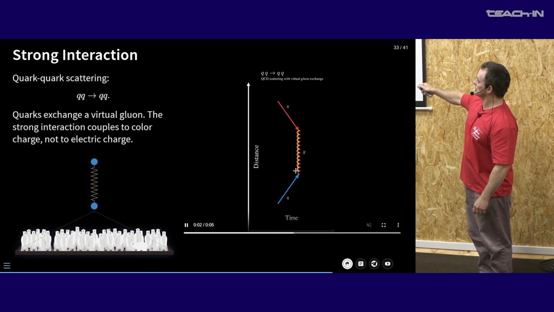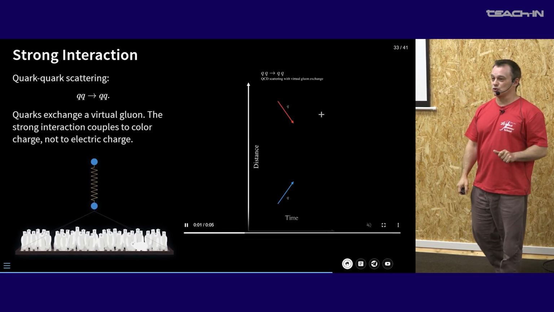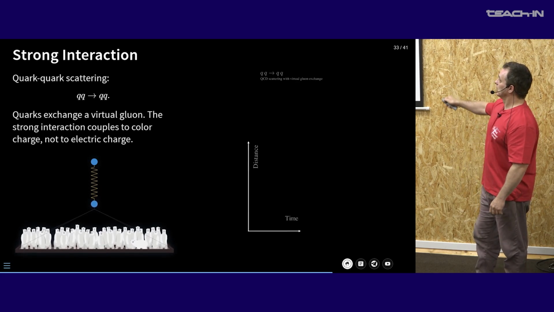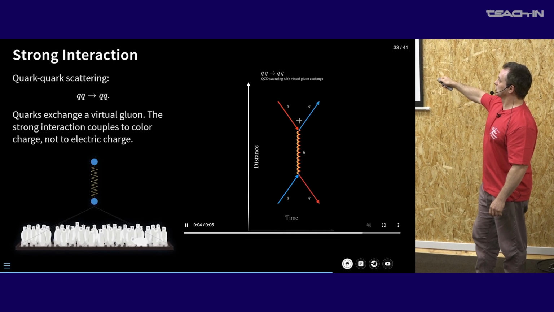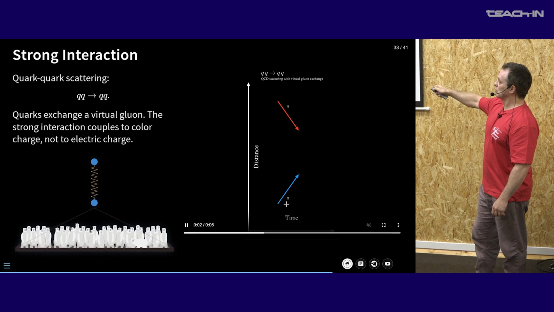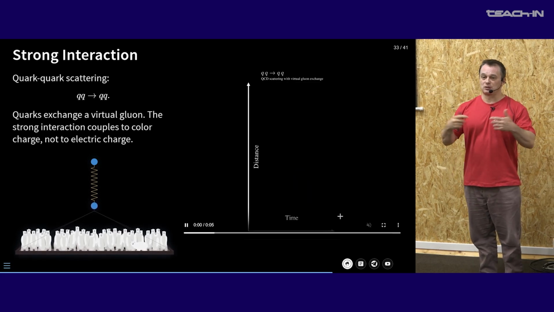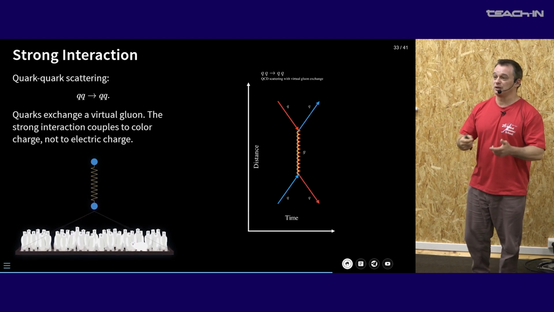Anti-blue color is actually yellow. Therefore, this gluon has two colors, red and yellow, which is red and anti-blue. When it emits this colored gluon, the red quark transforms into the blue quark. And when this red anti-blue is absorbed by the blue quark, it transforms into a red quark. This is the way quarks exchange these gluons and interact.